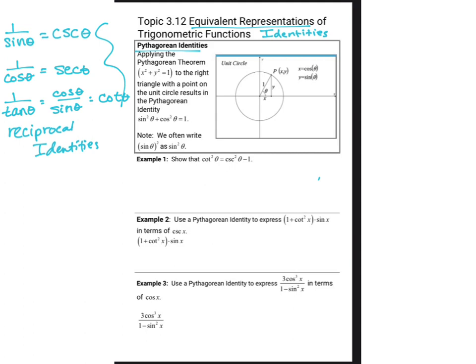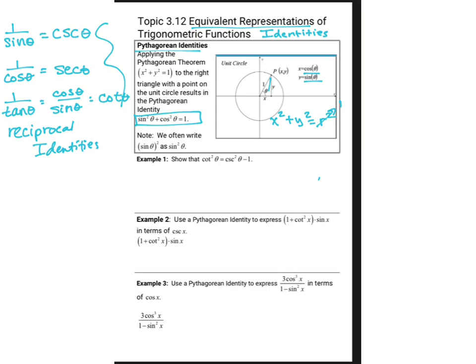If I replace x with cosine theta and y with sine theta and plug it into my Pythagorean theorem, I come up with the idea that sine squared theta plus cosine squared theta is 1. In other words, x squared plus y squared would be r squared, and r, in this case, is 1. So we have this identity: sine squared theta plus cosine squared theta equals 1. Everybody cool with that?